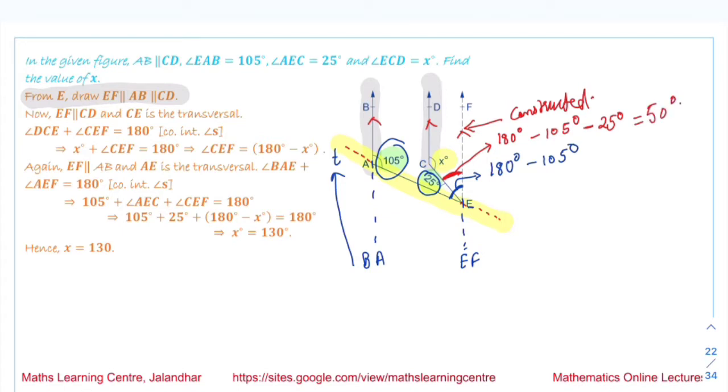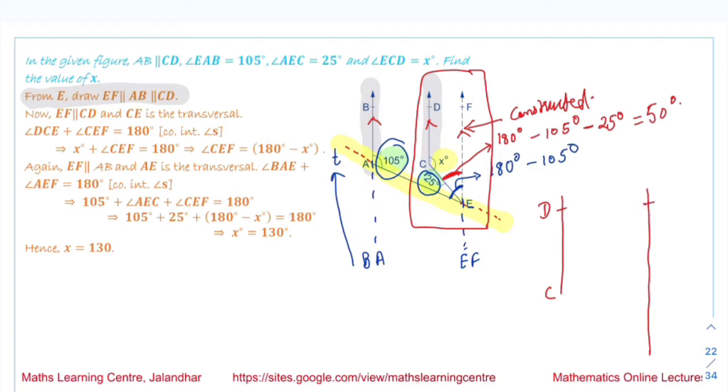Now if we consider this portion of the figure, we have the line CD over here and the line EF over here, and we have a transversal over here. This is the point E. Now this angle is 50 degree.